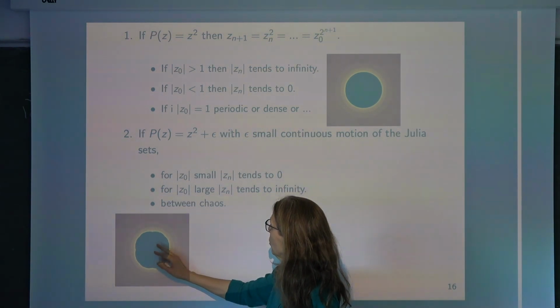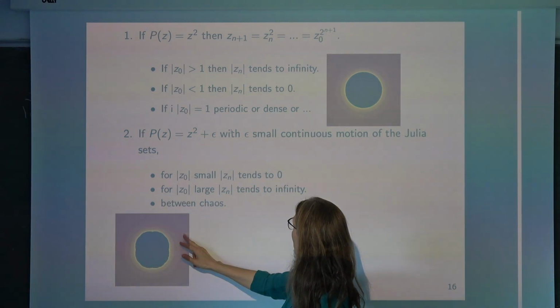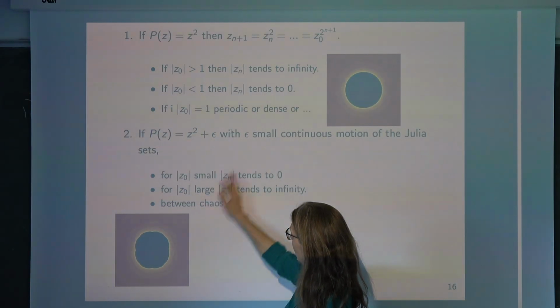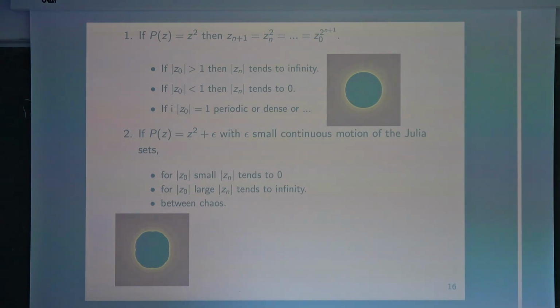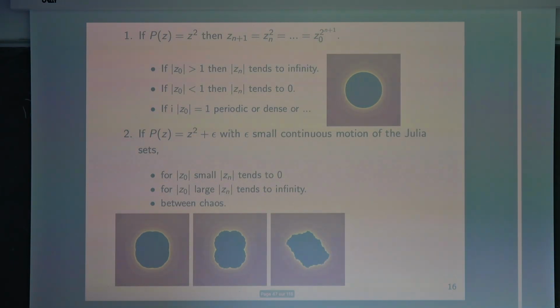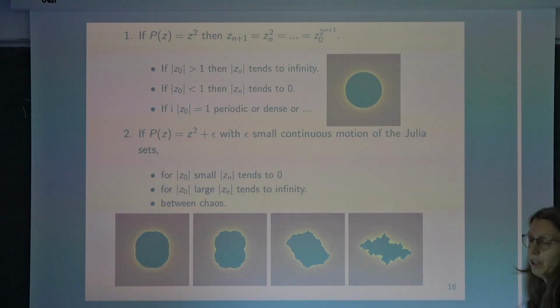When z naught is close to 0, you still converge to 0. When you are large, you still converge to infinity. And in between, it's chaotic, and you don't find some circle which is invariant or anything like this. If you vary epsilon, you see the picture deforming continuously. This is only when epsilon is very small. Do you have questions?